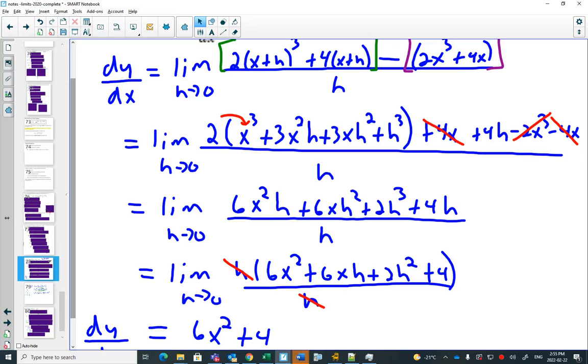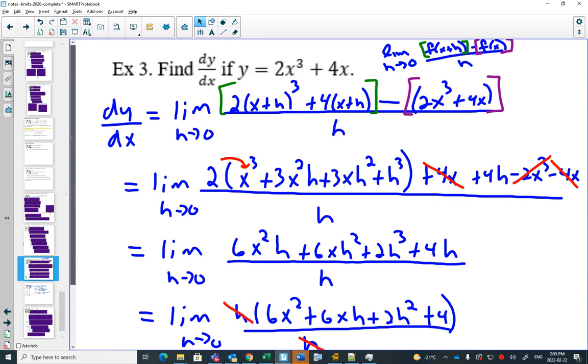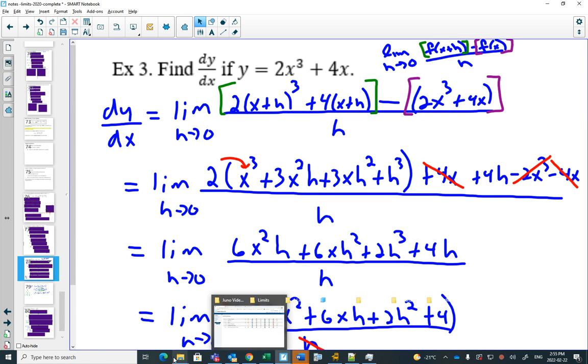So again, what does this mean? Do you know what the 2x³ + 4x graph looks like? I hope not. I'm going to pull it up right now.